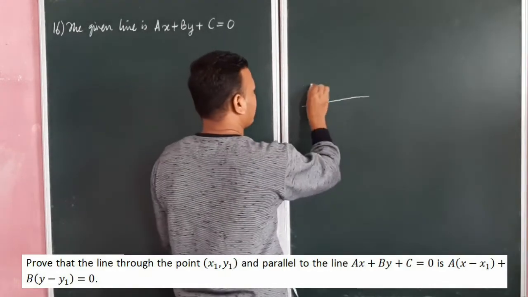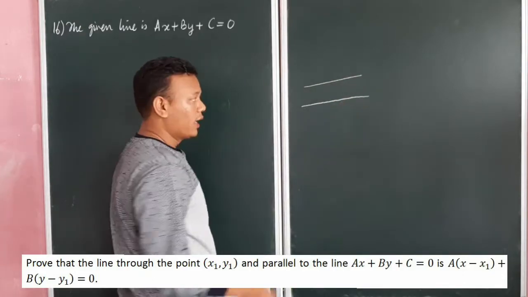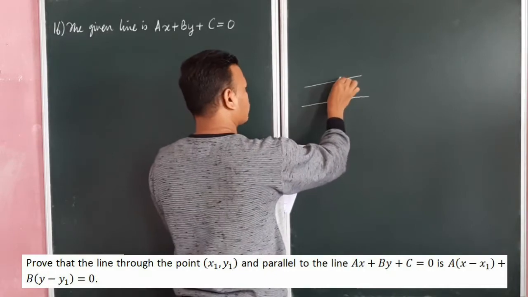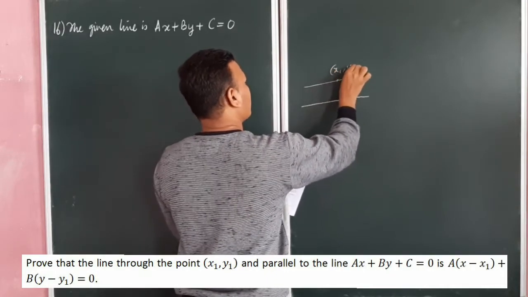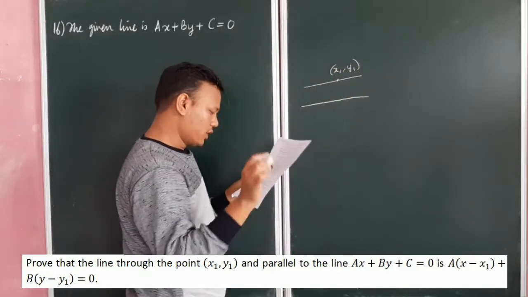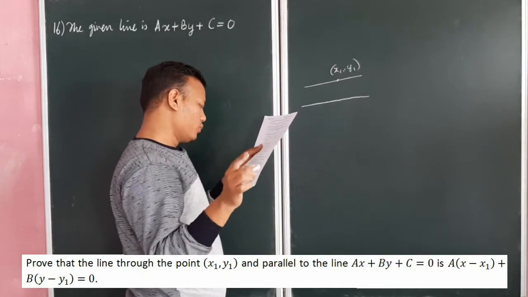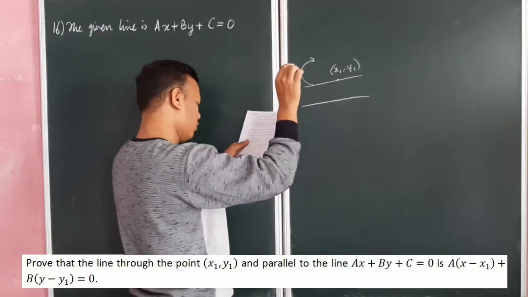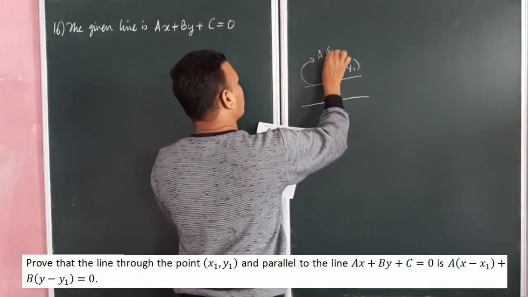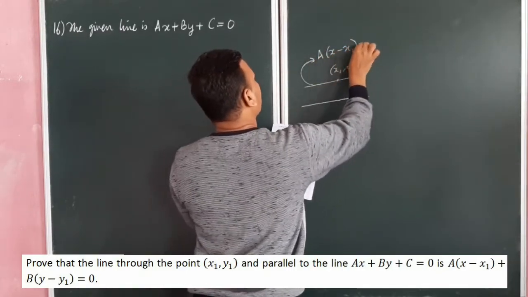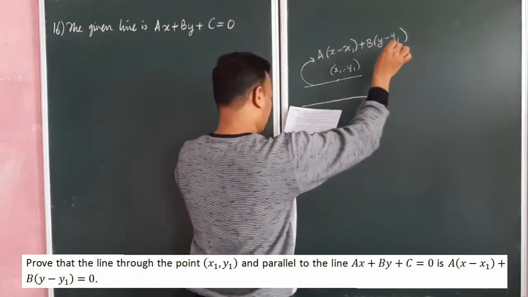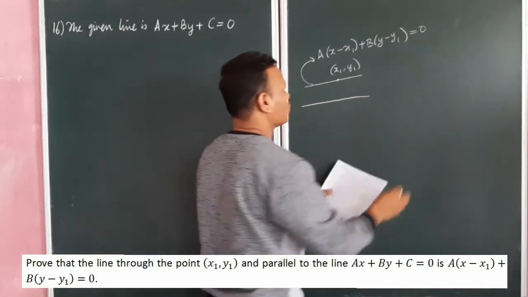Let me write down the parallel line. This parallel line passes through the point (x1, y1) as per the question. So we need to prove that the equation of this line will be a(x - x1) + b(y - y1) = 0.